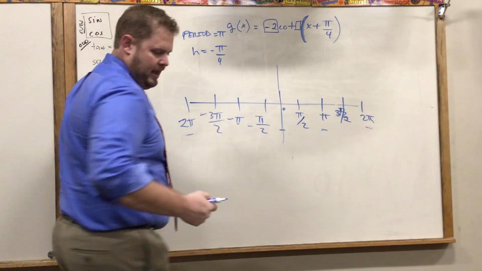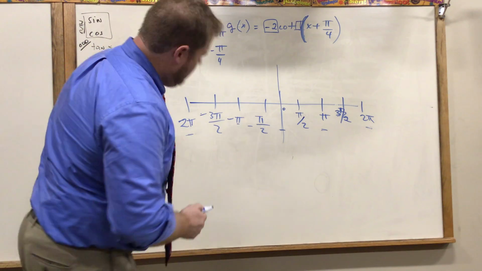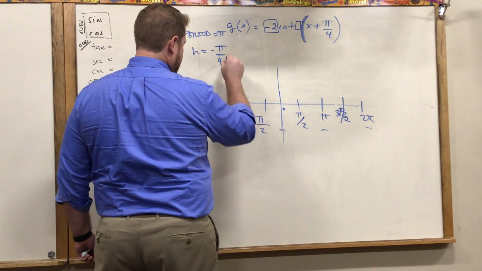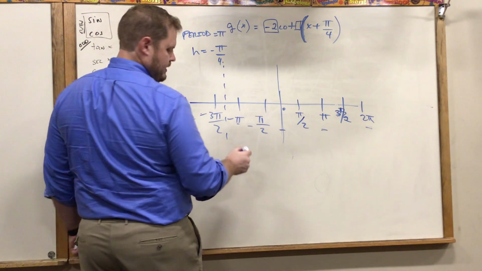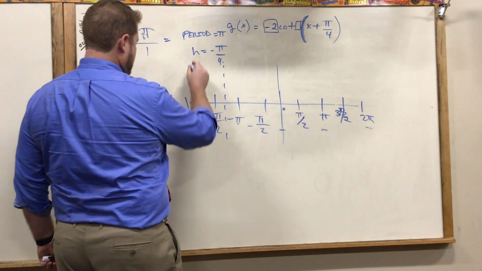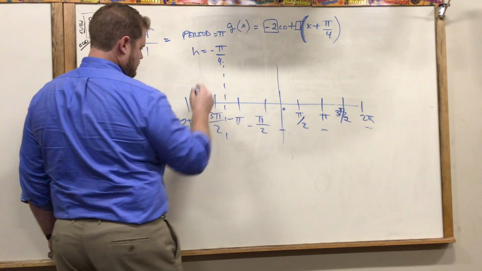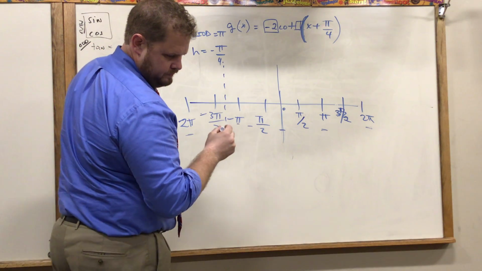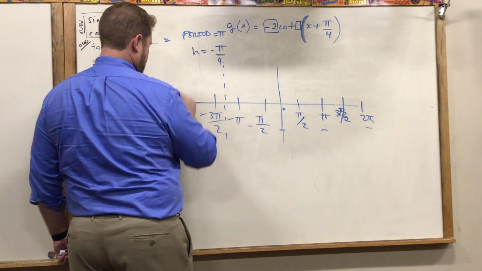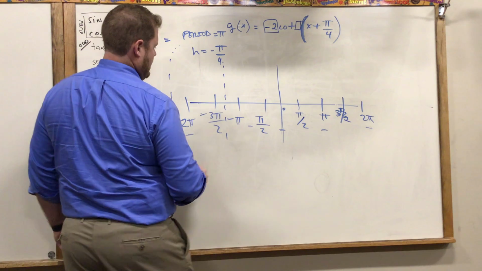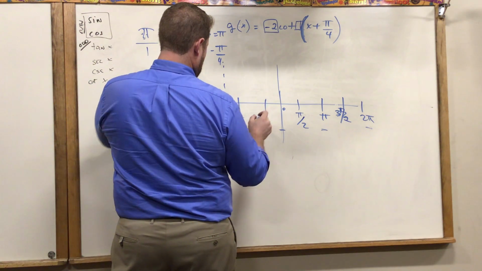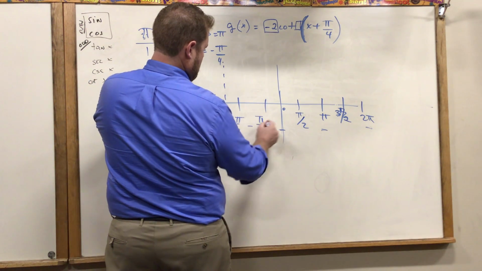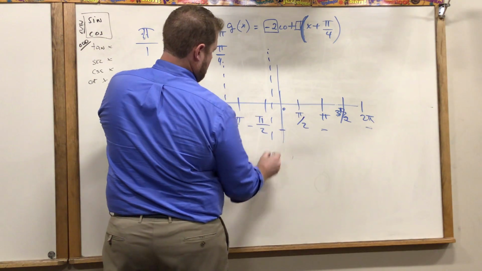A -pi over 4. So in other words, it's going to be here, right? Technically here, right? Okay. There. Where would the next one be?